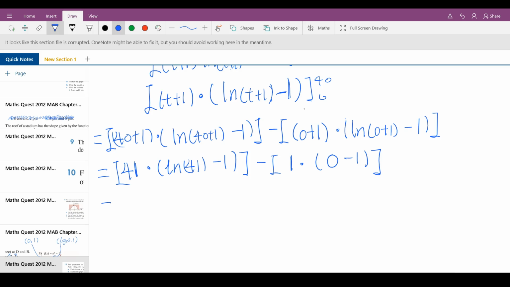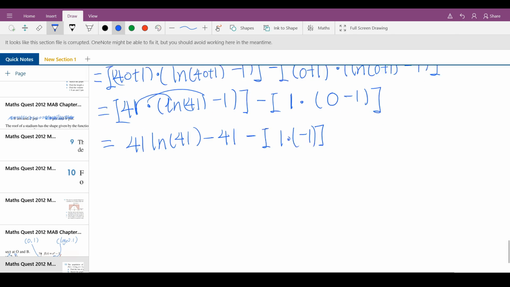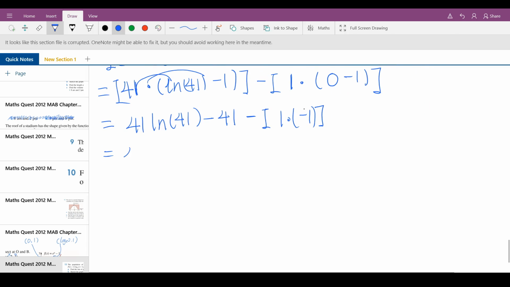Okay. So now let's just expand this. We get 41 ln 41 minus 41. So 41 times negative 1 is minus 41. Minus 1 times negative 1. And that will equal 41 ln 41 minus 41 minus negative 1.